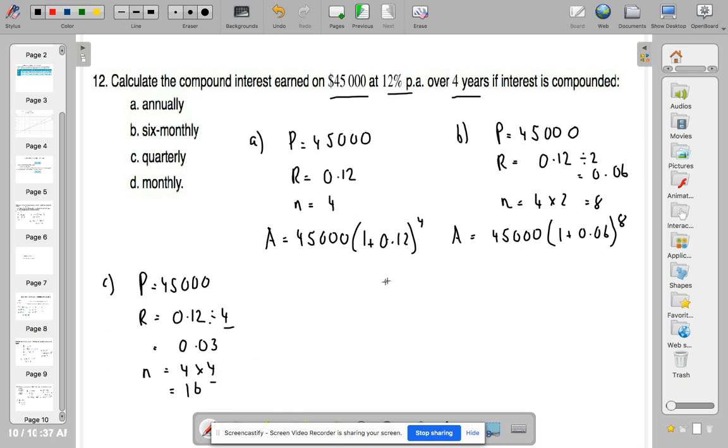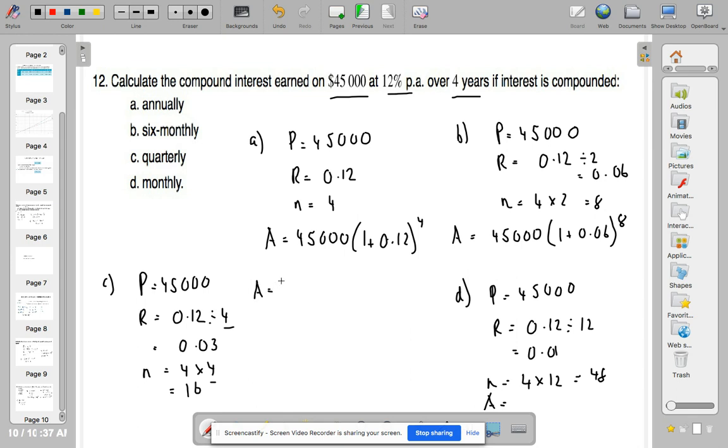D is monthly. So our principal is $45,000. Our rate will be 0.12, that's the 12%, divided by 12. That will be 0.01. The number of times interest compounds, it's compounding every month, so 4 years times 12 months equals 48. Our calculation, in fact, I forgot to do the calculation here for the last one, so we'll just do that quickly.